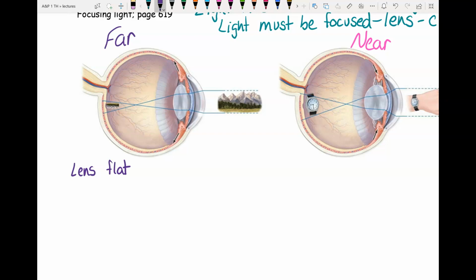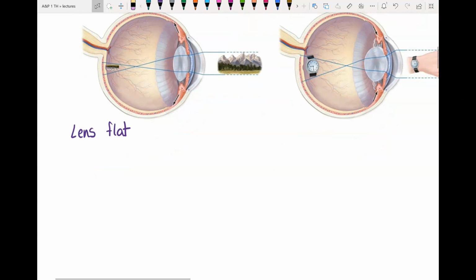So in order to make it flat, you have to do something to it. It wants to be round, you have to pull it flat. So the lens has to be flat to focus on far objects. So you have to actively pull it flat.